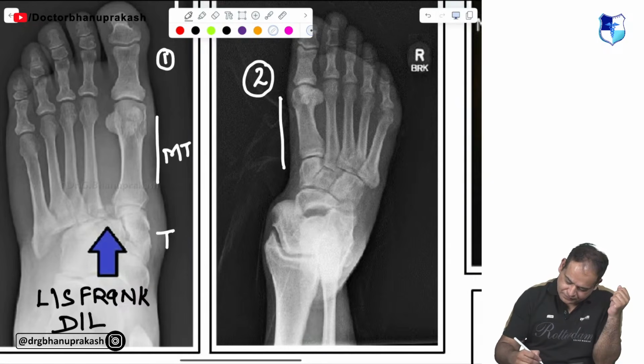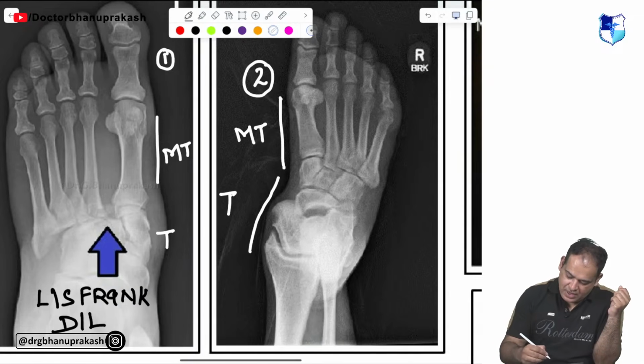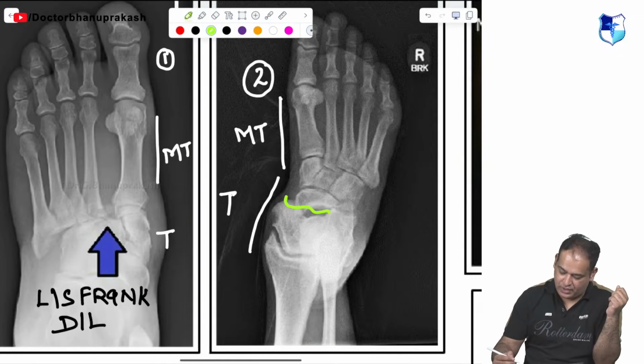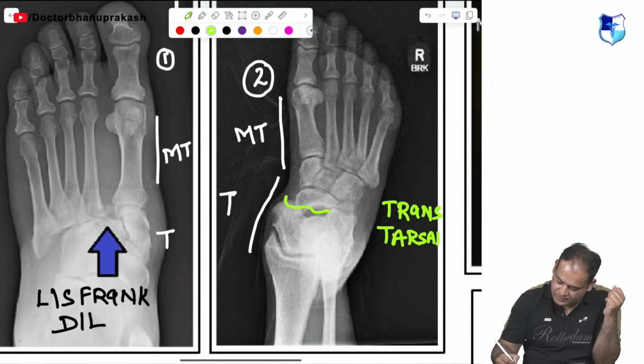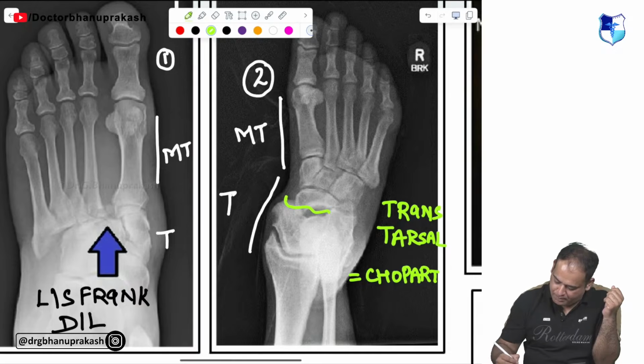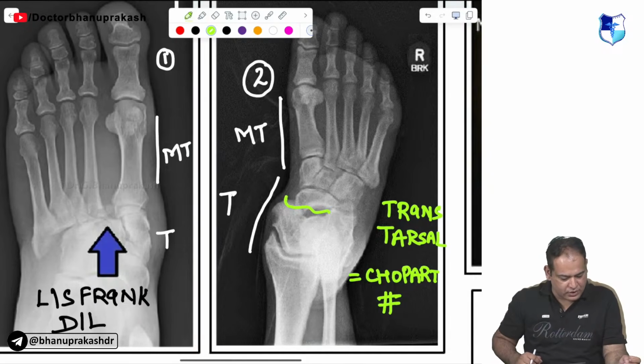Now see, metatarsals. Now here, tarsals. And you see, tarsal bones के आपस के बीच में ही fracture हो गया. So what is this fracture? Transtarsal. Now this kind of fracture is called Chopart fracture dislocation.